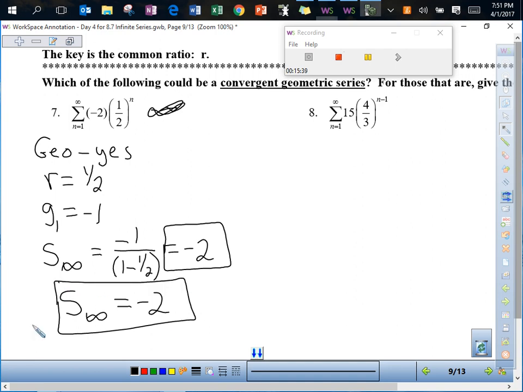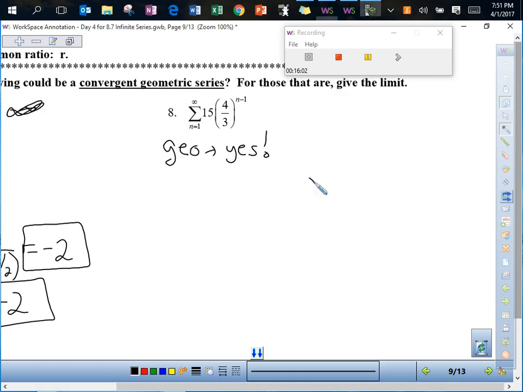Peek at number 8 real fast. I'll pause for about 10 seconds. See if you think that converges or diverges. It is geometric. So that's a for sure. But look at your R value. My R value is going to be 4/3.